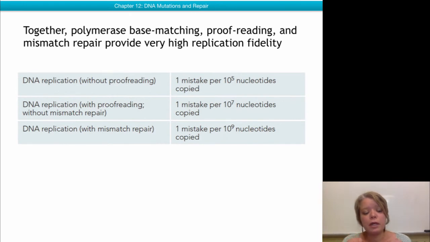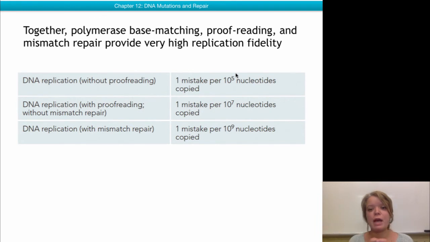Because there are several levels built into DNA repair to assure that DNA replication occurs as precisely as possible, the final error rate of DNA replication is only 1 mistake in 10 to the 9th nucleotides, which is very, very low. DNA replication without proofreading, just how the DNA polymerase incorporates nucleotides as it reads the template strand, is far lower.